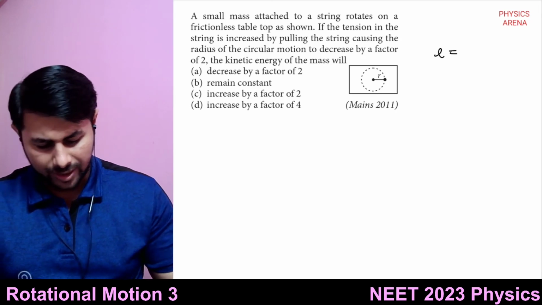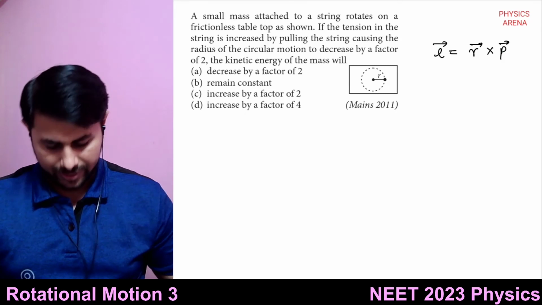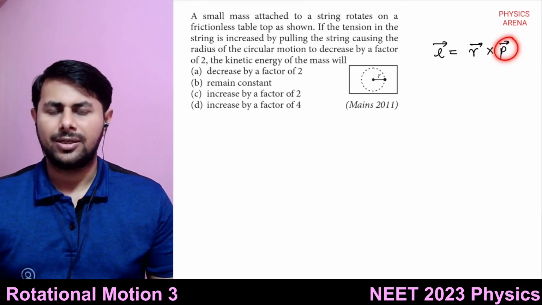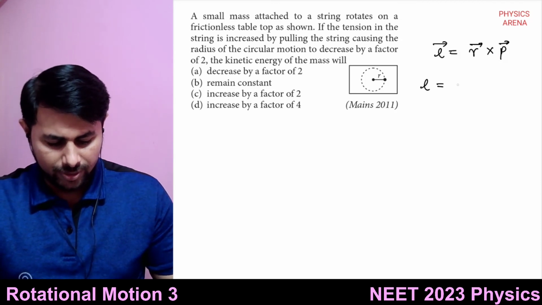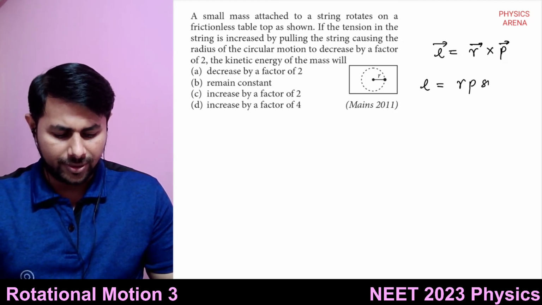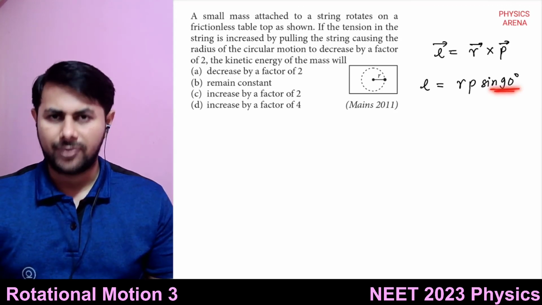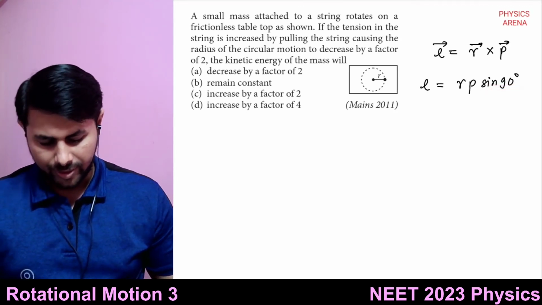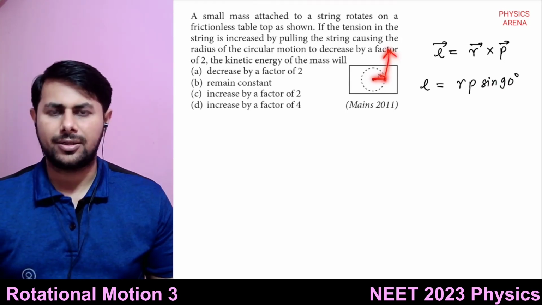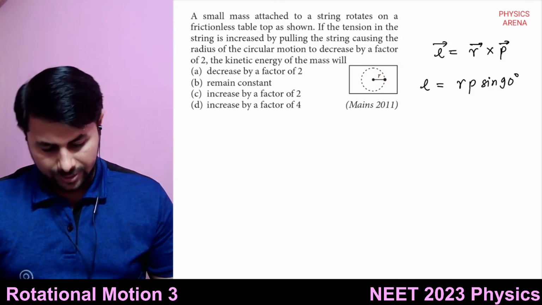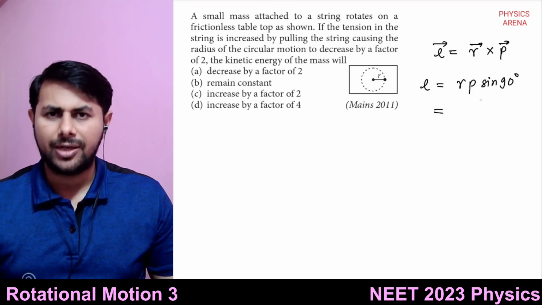For a particle performing circular motion, R and velocity are perpendicular to each other. So how much is angular momentum? It is R into P multiplied by sine of 90. Sine 90 is 1, right? Because velocity and position vector are perpendicular to each other. So this is just R into P, and P equals mv.